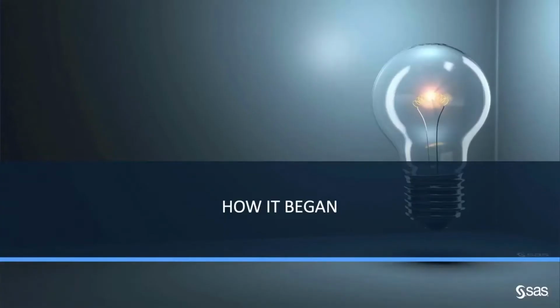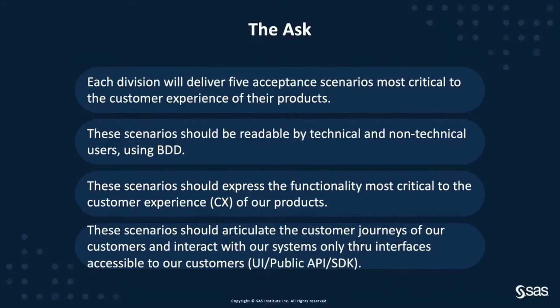In May 2020, the Vice President of the Testing Division asked 3 product teams to provide acceptance scenarios that articulated the user journey the customer had with their product. He had specific requirements about what these product teams should provide.